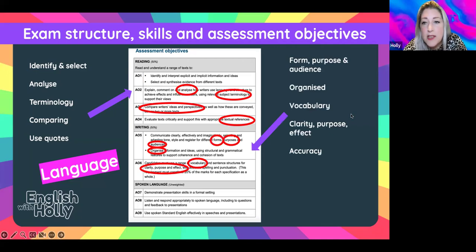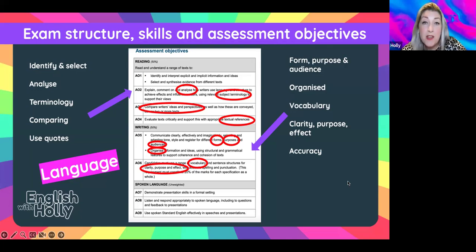So the writing part, which is the creative writing and the speeches and letters, things like that, they are being assessed on whether they can show the form, purpose and audience through their writing. I do a lot of work on that in my language workshops. Then how organised their writing is, by which we mean how they've structured their ideas, whether it flows, whether they've got discourse markers, and whether their paragraphs make sense and are in the right order.